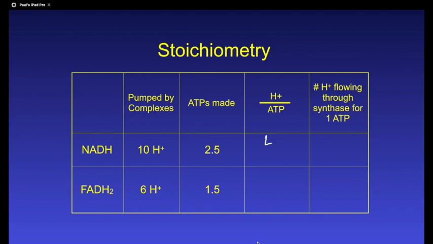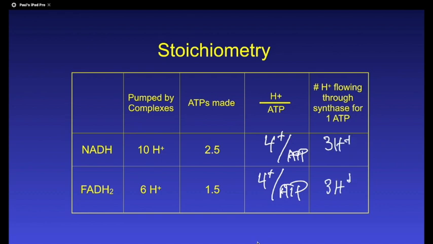So we had 4 protons per 1 ATP, and we actually see that that's absolutely true. But only 3 protons have to flow through to make it. So that means we have 1 lone proton that is missing. Where is it?